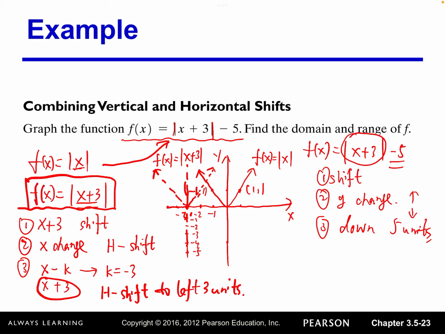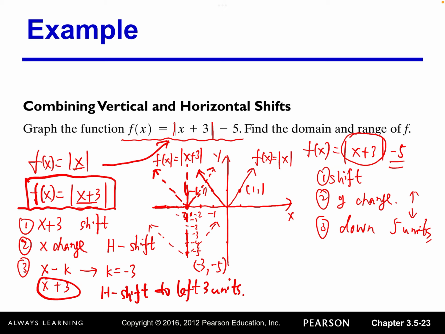Okay, so that will be right here. Vertically shifting down 5 units from the previous graph. So now what will the coordinates be? From (0, 0), left 3, so the x coordinate is -3, and then down 5, the y coordinate is -5. All right, that's the final graph.